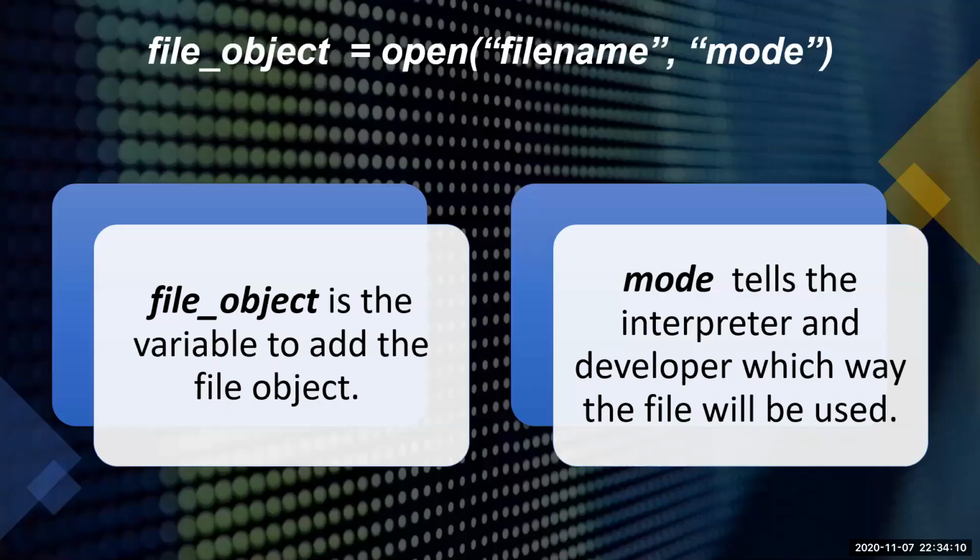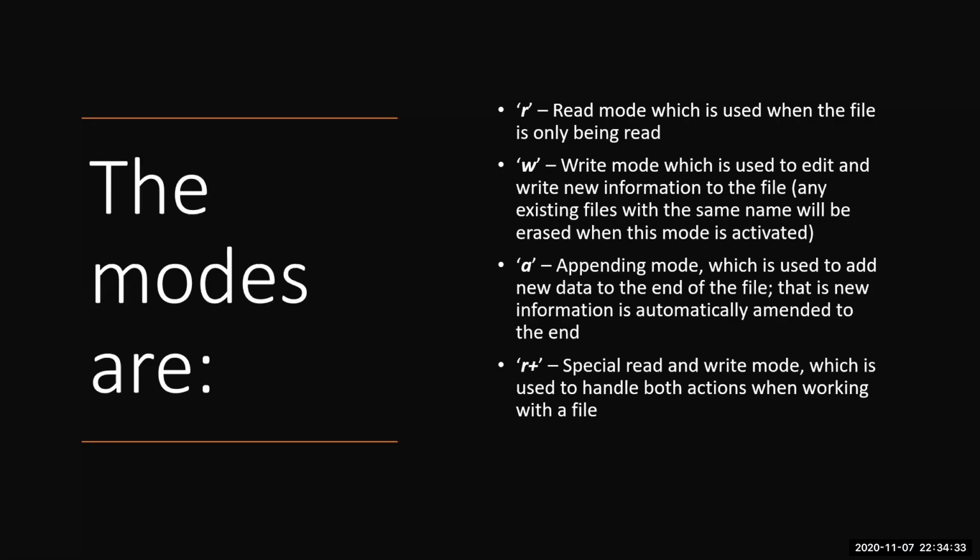So we basically have the file object, that is the open function. If we want to open a particular thing, we give the file object, and then we call the file name and also the mode of what it should do. The mode depends on what we want, whether it should read or write.